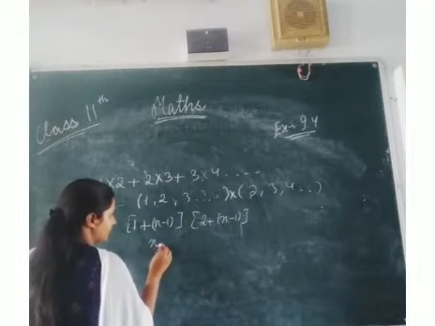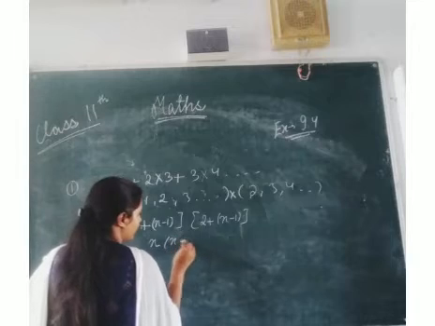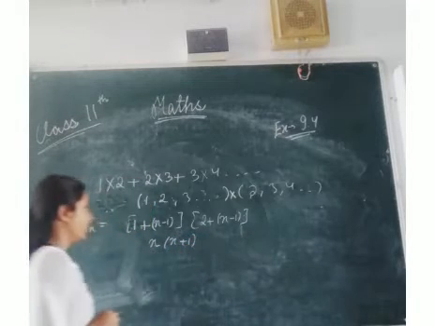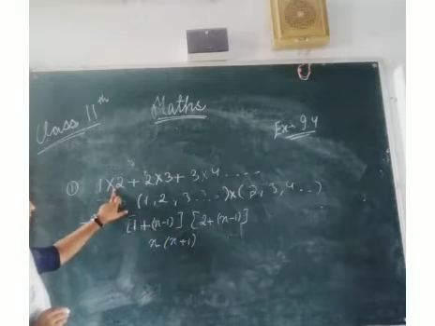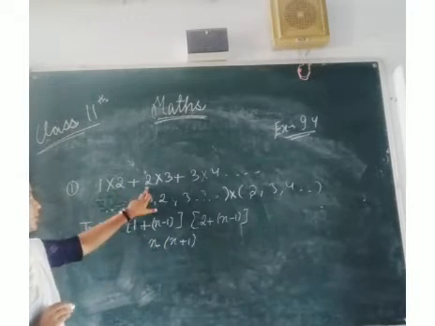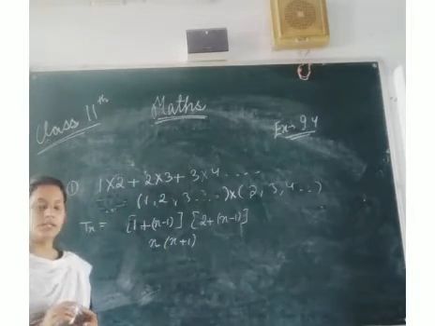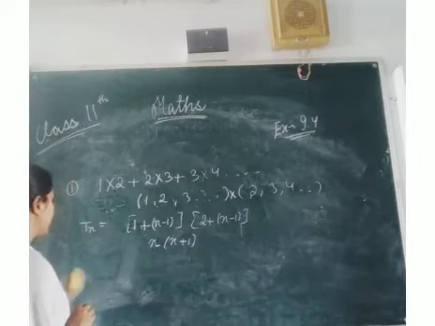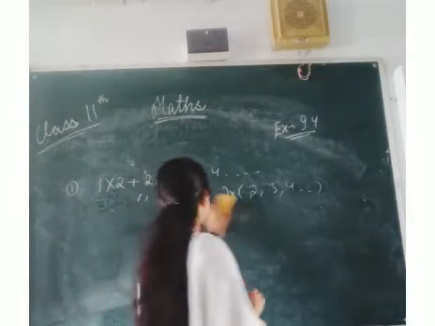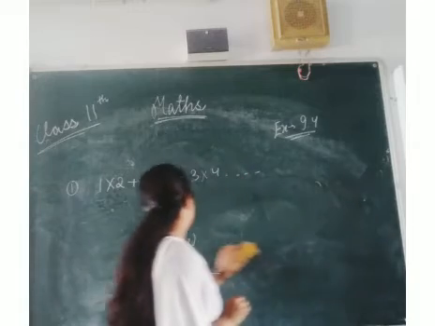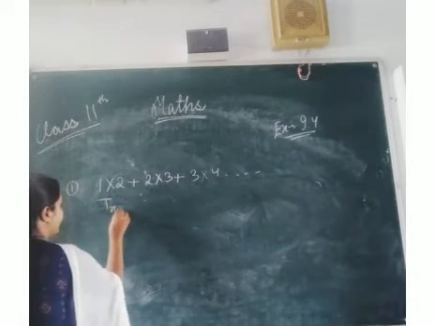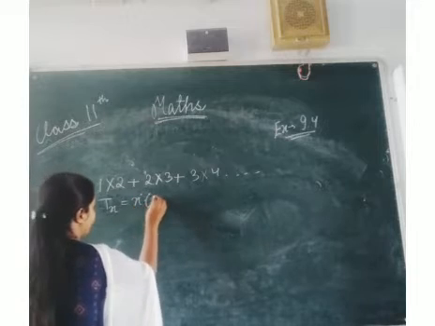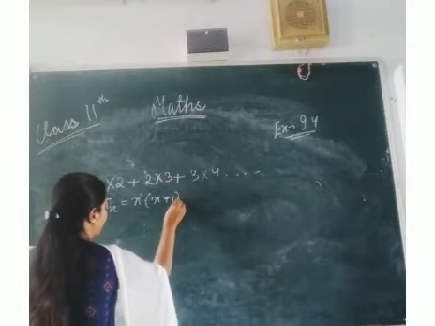Now we have the nth term as n into n plus 1. If you put n equal to 1, you get 1 into 2, the first term; put n equal to 2, you get 2 into 3, the second term, and so on. Like this, we have calculated the nth term of this sequence: Tn is equal to n into n plus 1.